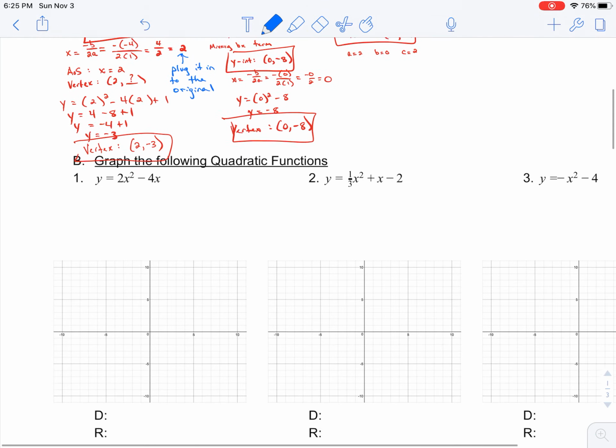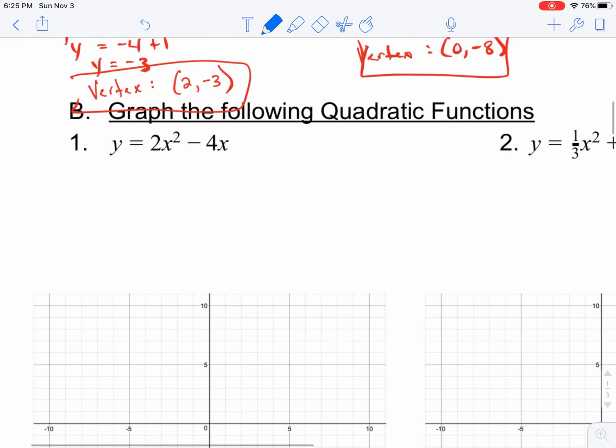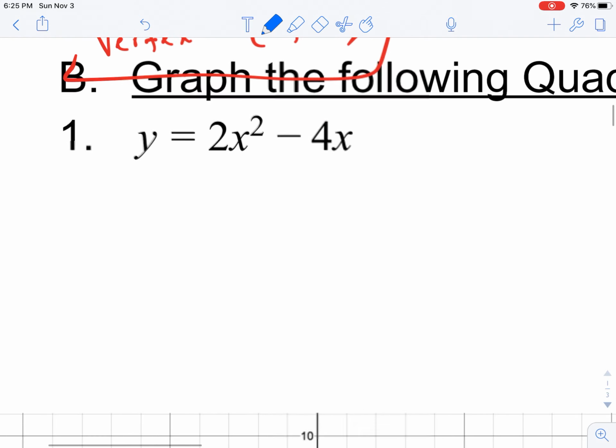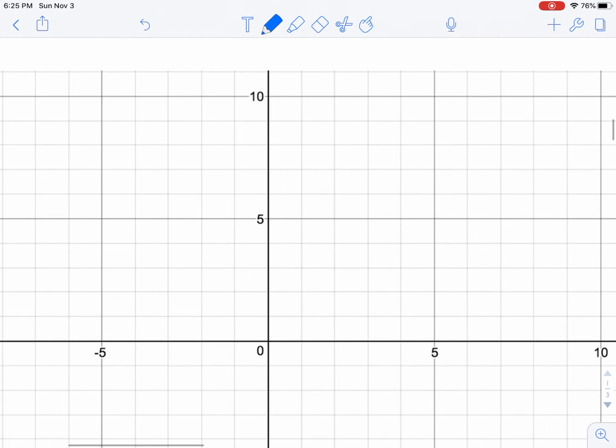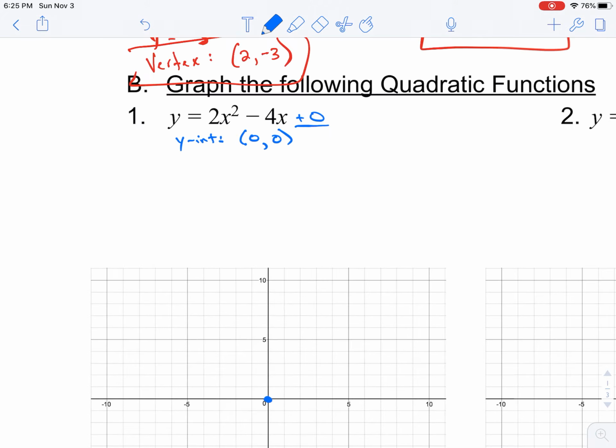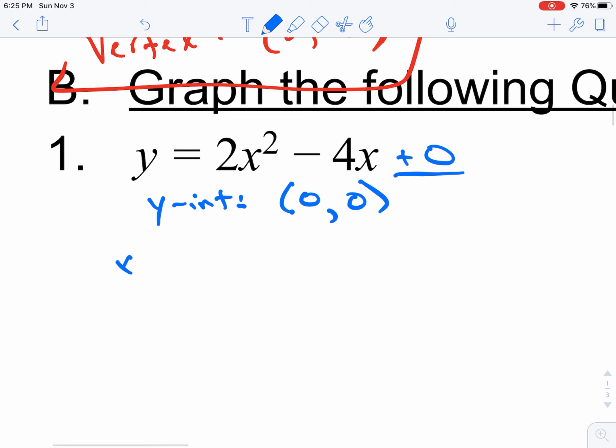We're going to move on and look at number 1 in the next section, which talks about graphing the following. Right away, without any work, we know the y-intercept is (0, c), which is +0 again. So I'm going to go onto the graph and plot (0, 0) as my first point. Now I have to do some work to figure out the vertex.